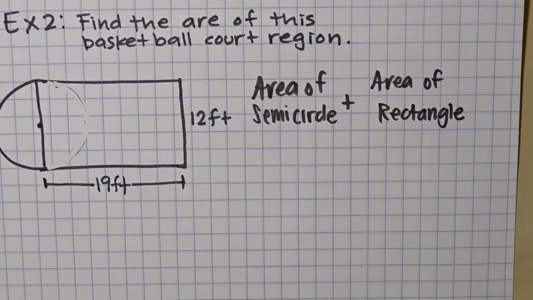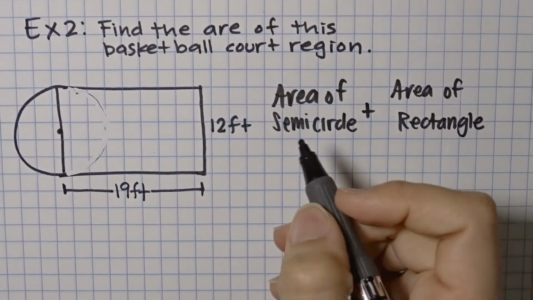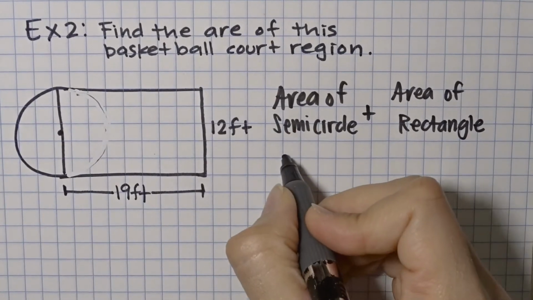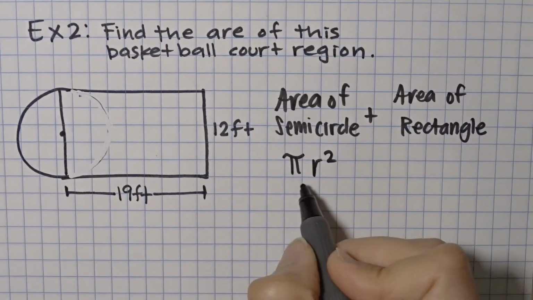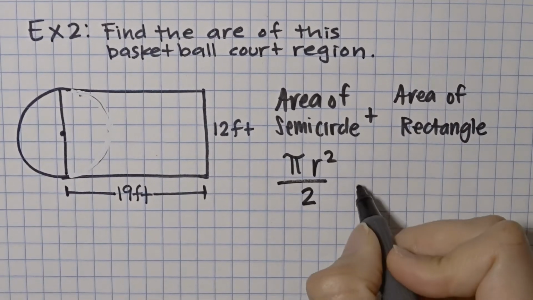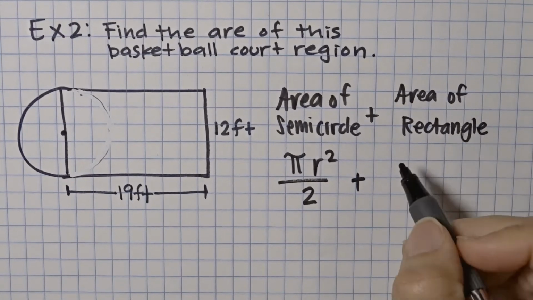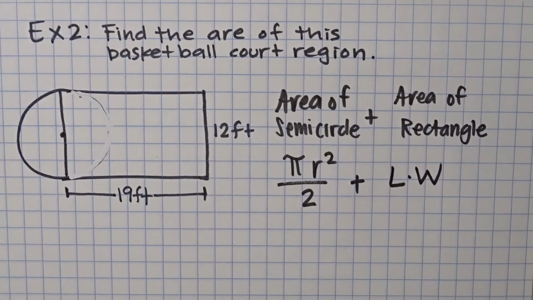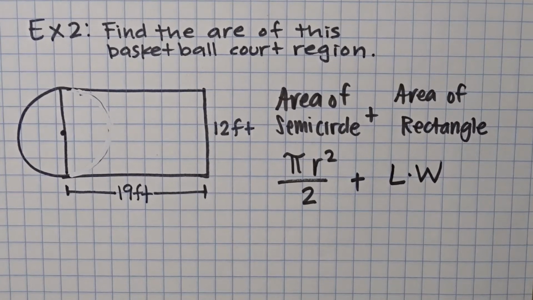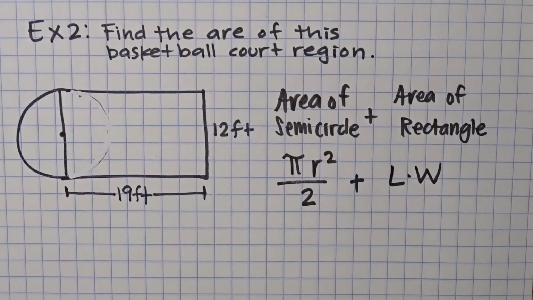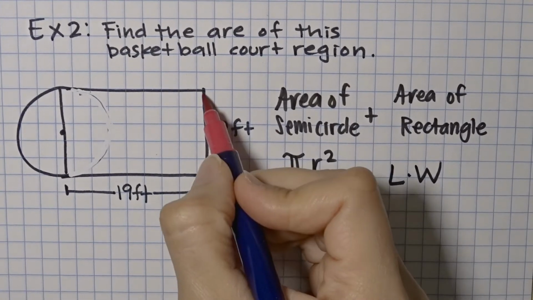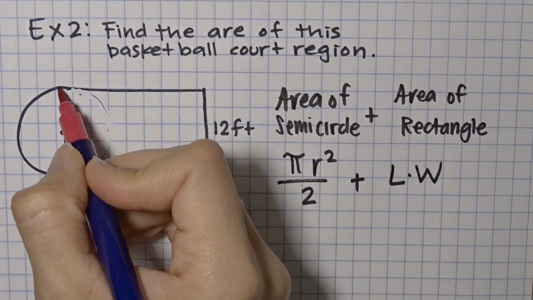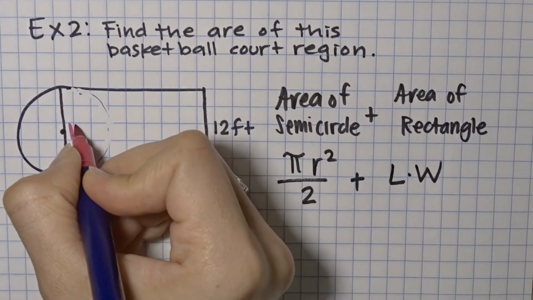Okay. So the area of the semicircle is going to be the entire circle, which would be pi r squared. But remember, we only want half of the circle, so divided by 2. Plus the area of the rectangle, which is length times width. All right, now we're ready to use that formula in my expression. And I need a radius. I don't have any measurements labeled on that circle, but can I find them? If this height is 12, this other height on the other side of the rectangle should also be 12.